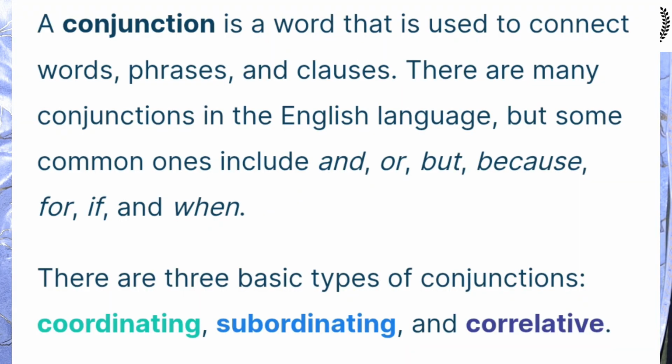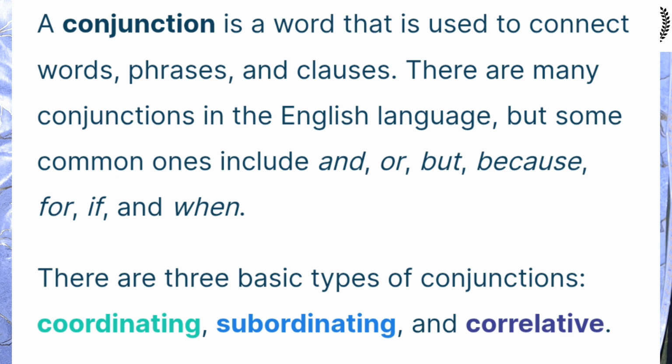Let's get started. A conjunction is a word that is used to connect words, phrases, and clauses. There are many conjunctions in the English language, but some common ones include and, or, but, because, for, if, and when.